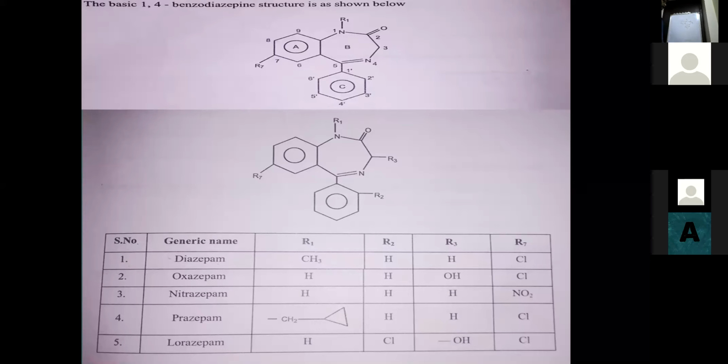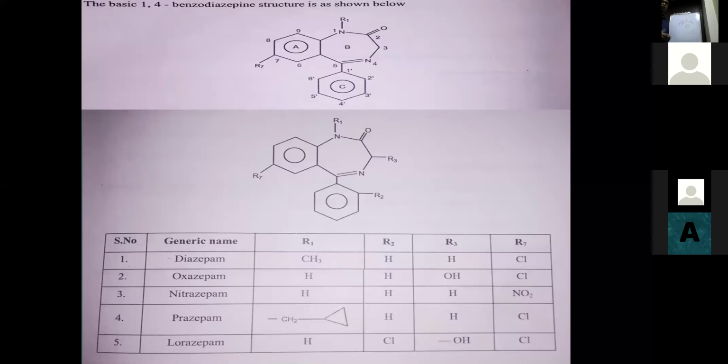This is the basic structure: a benzene ring, and R7, and the 1, 2, 3 positions, depending upon the position they have mentioned.